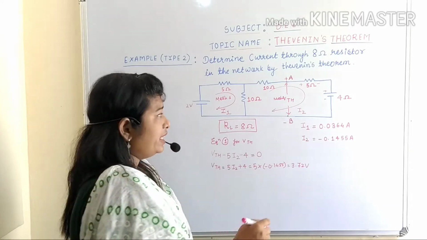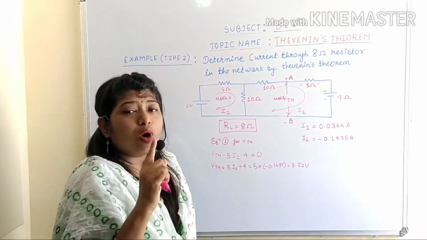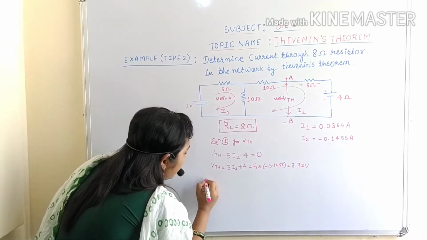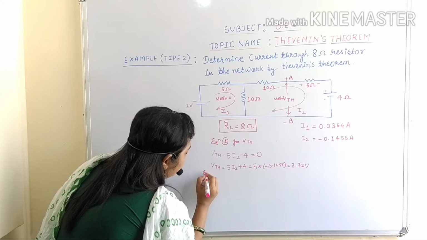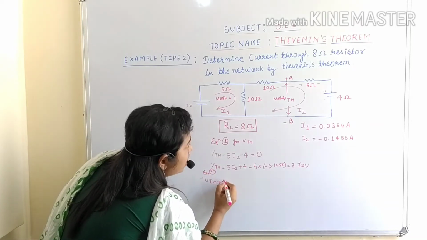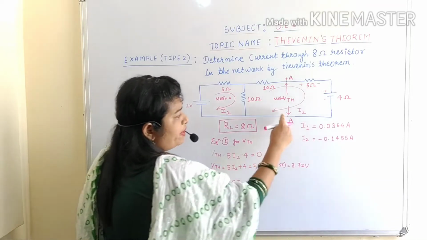You can consider equation 2 from A to B. Now you need to apply KVL in anti-clockwise direction. What you will get? Minus VTH. Let's consider equation 2. Minus VTH plus 4 plus 8 I2 is equal to 0. Why plus 4?